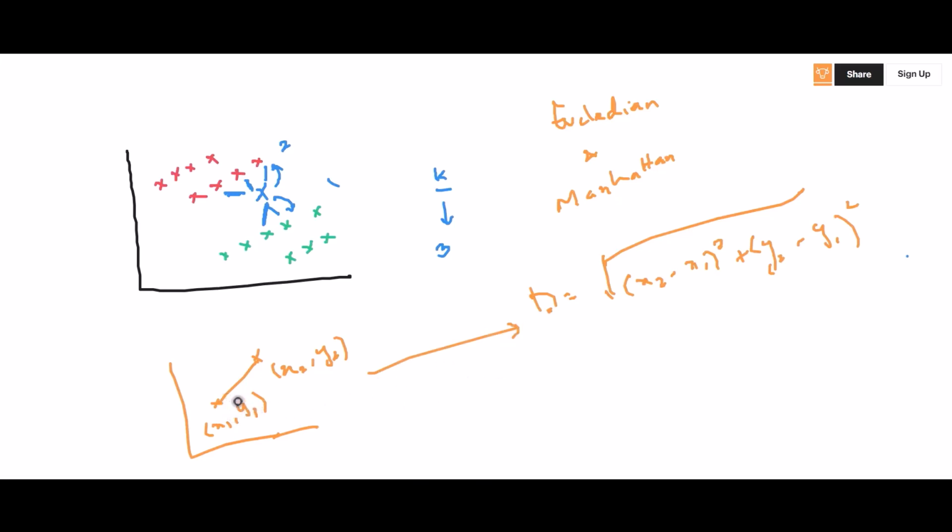And for Manhattan distance, the basic principle is we have to find the distance between these x coordinates and we have to add the distance from the y coordinates. So if we subtract the x coordinate values, x2 minus x1, we can get the particular distance of this region. And if we subtract the y coordinates, we can easily get the value of this particular region.